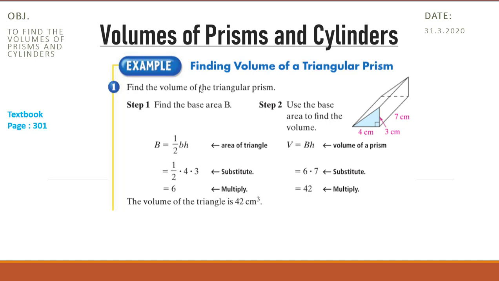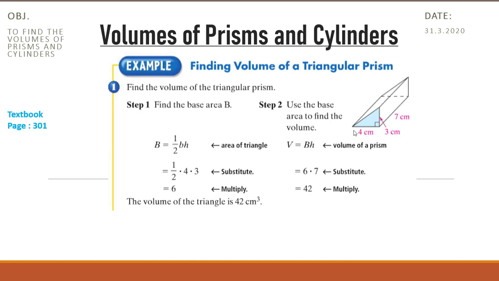Find volume of triangular prism. That's what we are going to do. We have here a prism. The base is right triangle. So the area of any triangle is half base length multiplied by height.